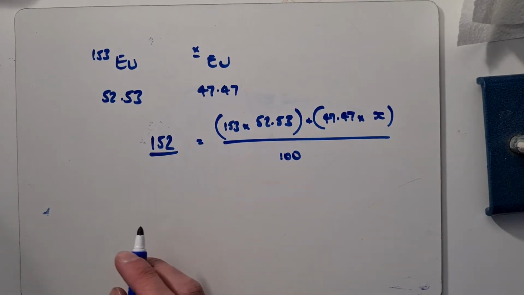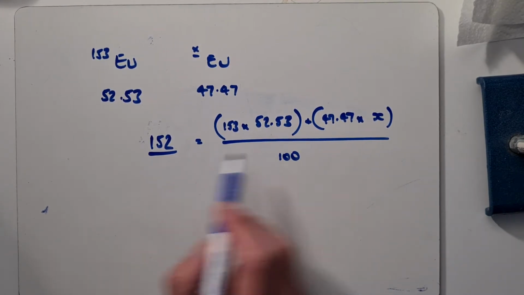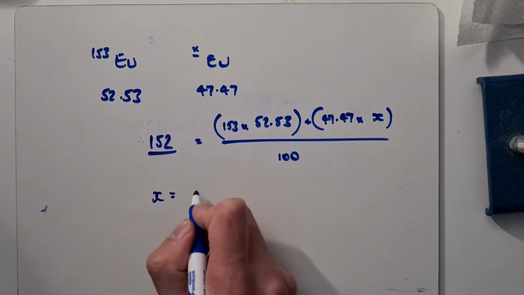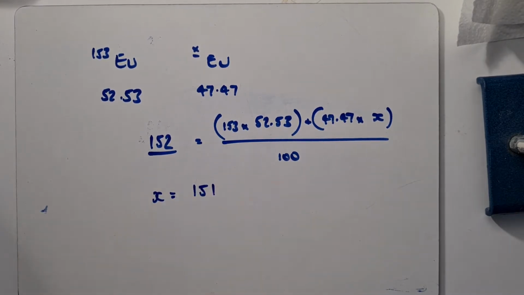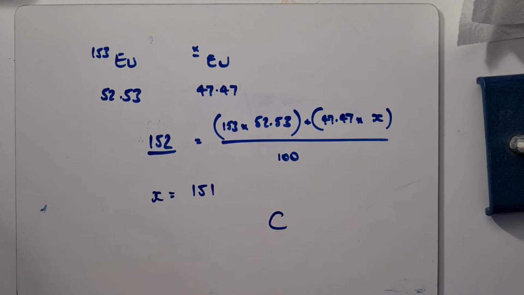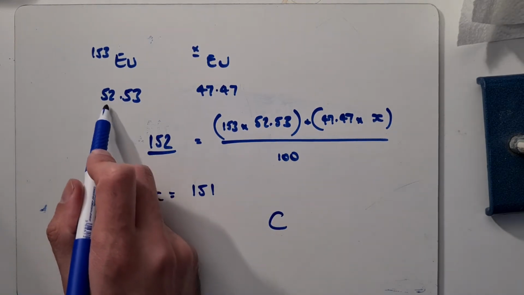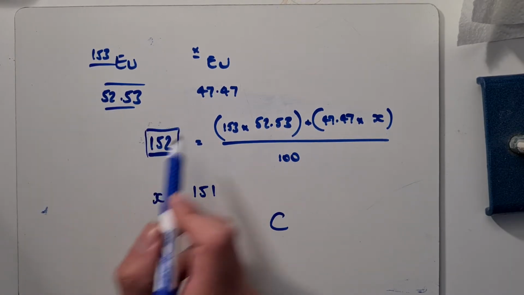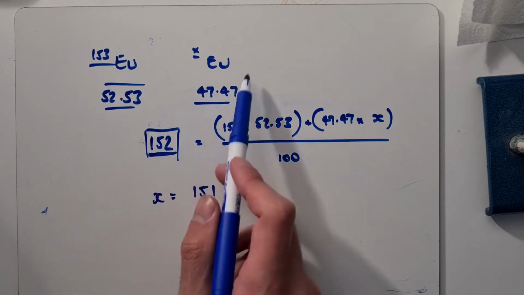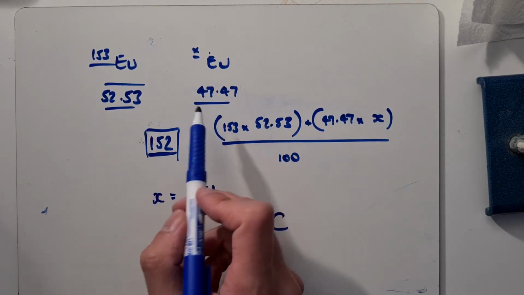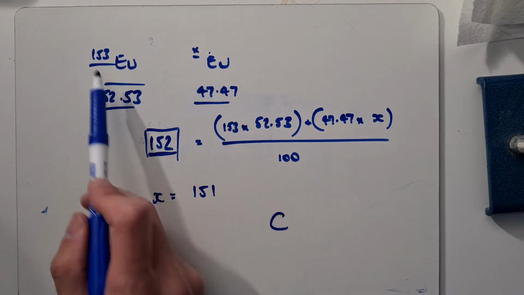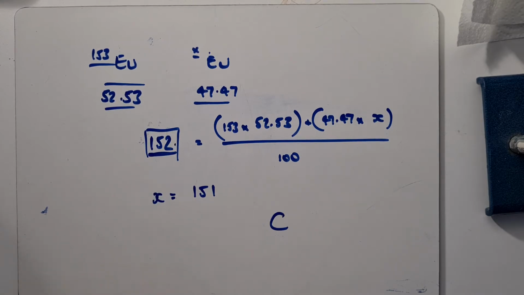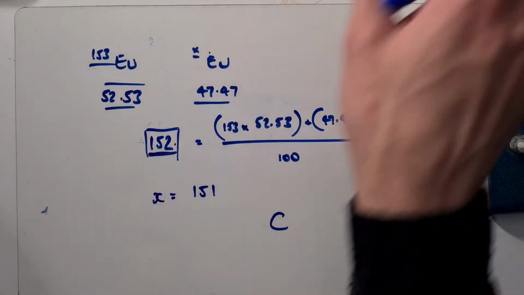Now we can rearrange all of this to make x the subject, and if you do that, then x equals 151. So the answer to that is C. A way to quickly see this is if 50% approximately is 153 and overall it's 152, then the other 50% has got to be the same distance away on the other side of 152. If it was 152 up here, then with 50%, the relative atomic mass will probably be 152.5, and so on like that. You can do it just by dividing by 2.